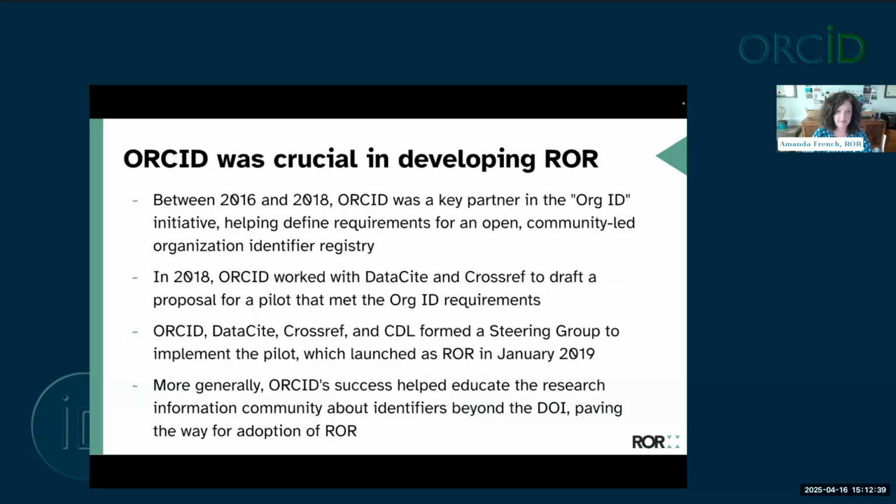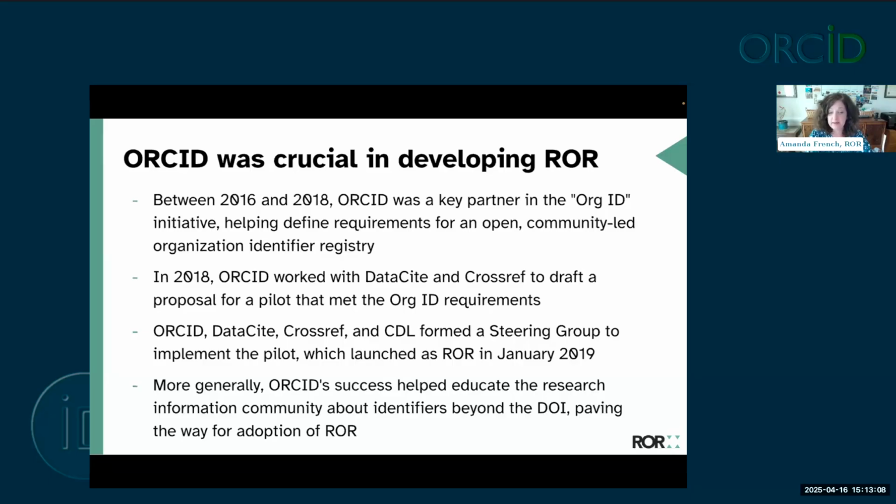So ORCID was very much involved in the early days of ROR. ORCID was a key partner in the ORG ID initiative. They helped define what ROR should be. And then in 2018, when we were first beginning about actually creating something, ORCID worked very closely with DataCite and Crossref to draft a proposal for a pilot, that initial release that met the requirements that had been so carefully drawn out over those 3 years.